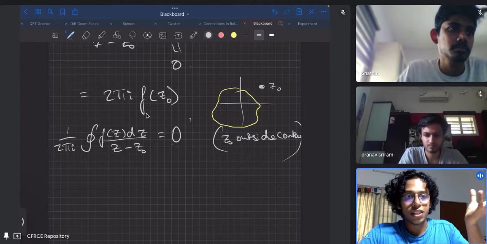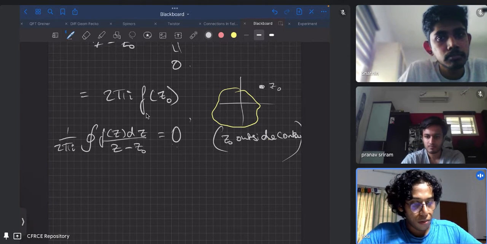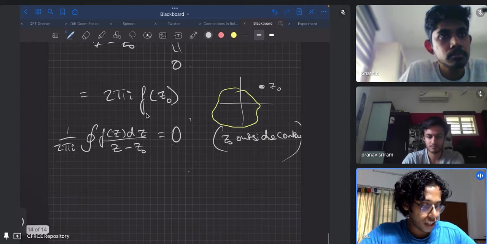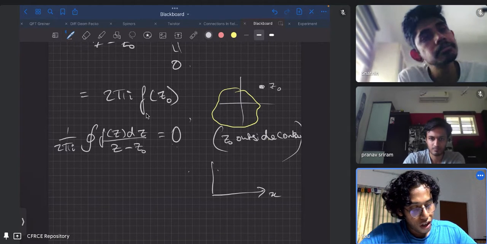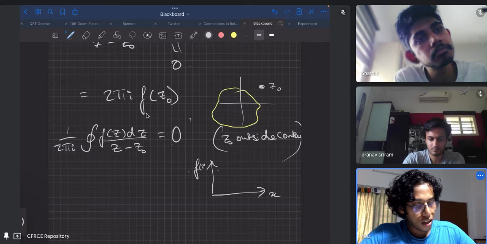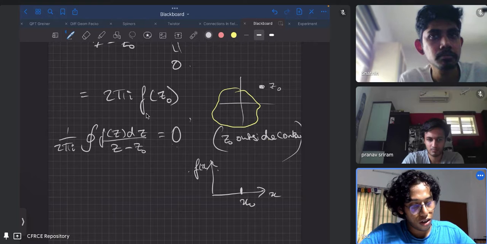Just in the very same way, for example in the real case, if you have x and f of x, suppose there is a singularity at x naught.